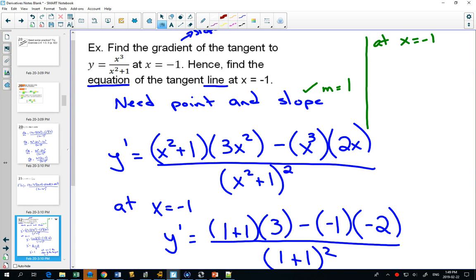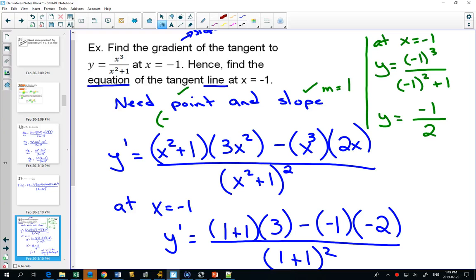If you know the x value at x equals -1, could you find the y value on your actual graph? Yes. We've got the equation. We know that y is equal to x cubed over x squared plus 1. That will tell me my y value has to be -1/2. And so now I also know my point. My point is at -1, -1/2.